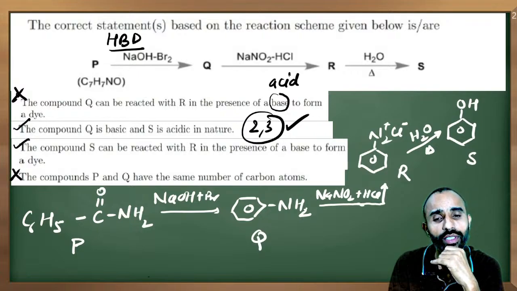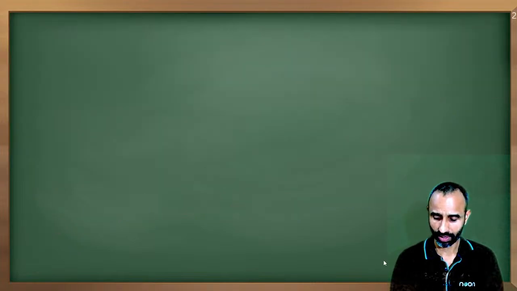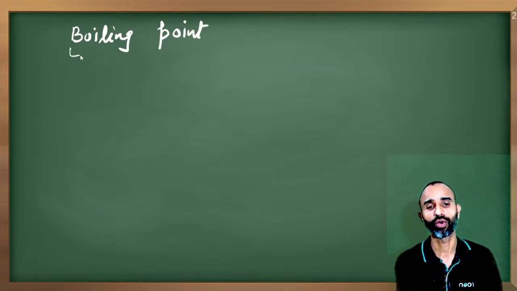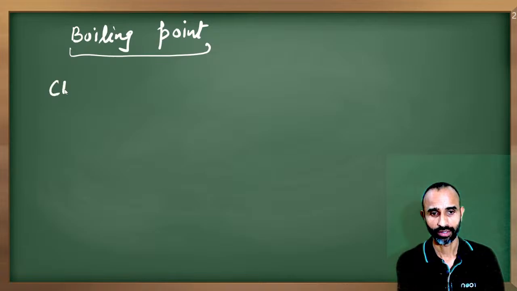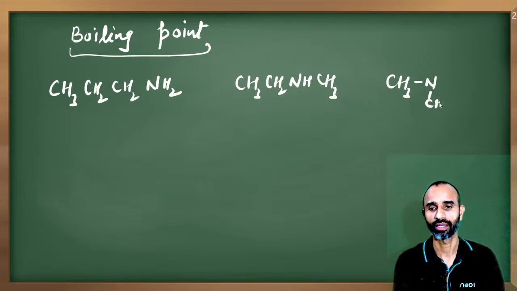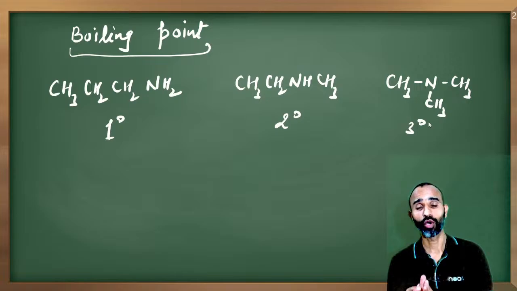Physical properties of amines? Yes, so simple. In physical properties, we will just see the boiling point, solubility. So if we compare boiling point, see if we have CH3, CH2, CH2, NH2, we have CH3, CH2, NH, CH3 or CH3 and this is primary, secondary and tertiary amine of comparable molecular masses.